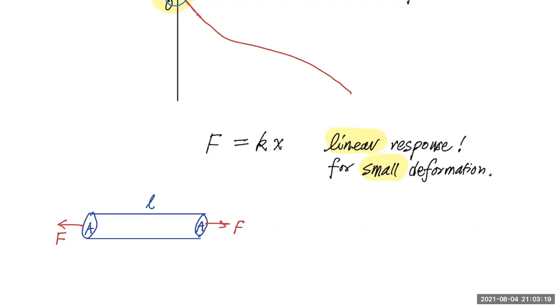So in order to understand more details of what K depends on, we have to introduce the concept of what's called elastic modulus, which separates the geometrical factors of shape and size from the material makeup of this elastic system.